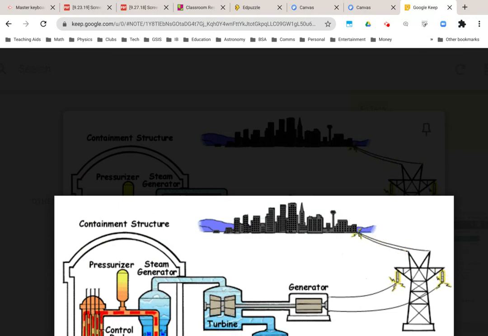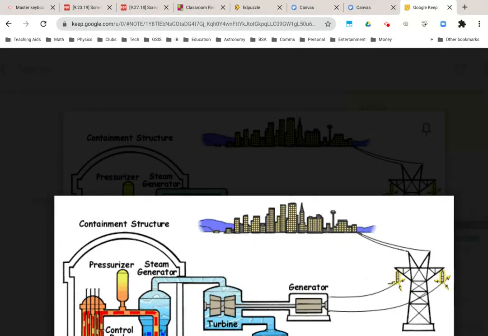So once this process is done, we have a means of taking nuclear energy and creating thermal energy through the kinetic energy of the particles flying out of the nuclear reaction.